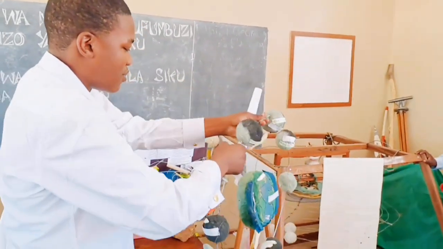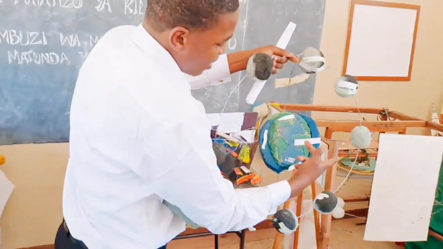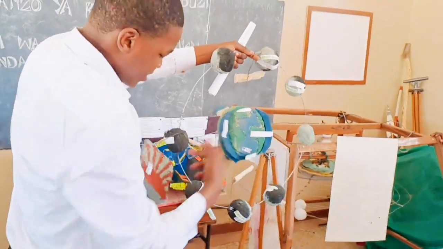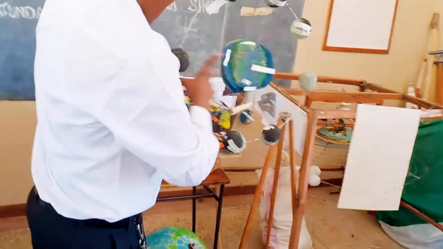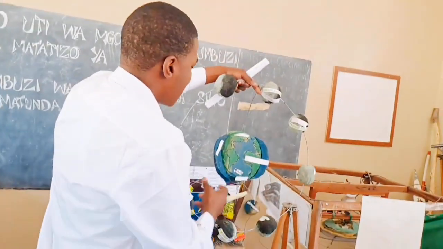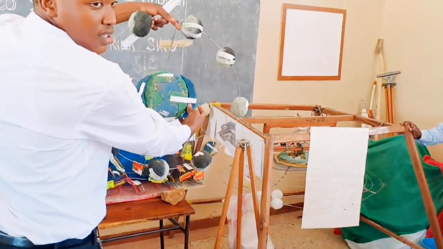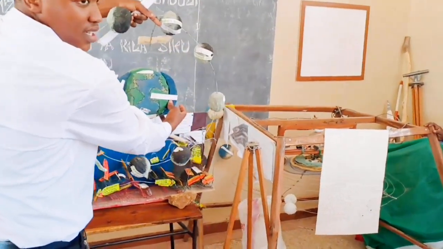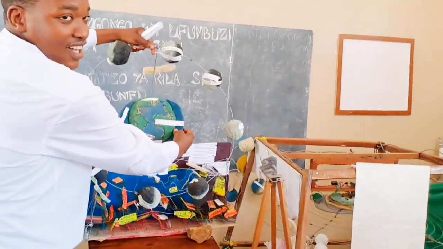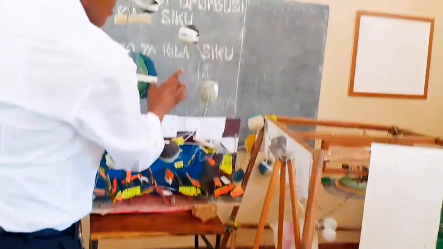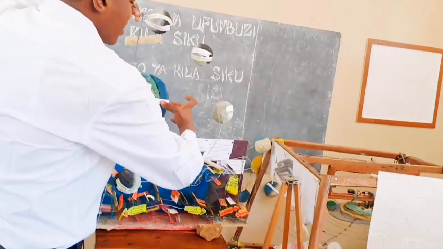Here there is attraction between the earth and the moon, and the earth and the sun. So when there is attraction between these two bodies, as you can see here, the attraction between the earth and the moon acts on this part.